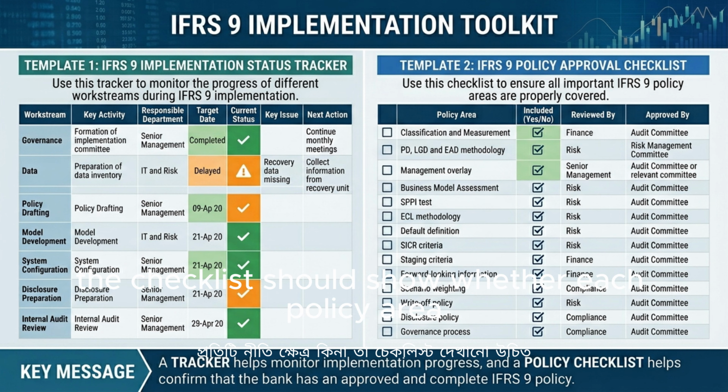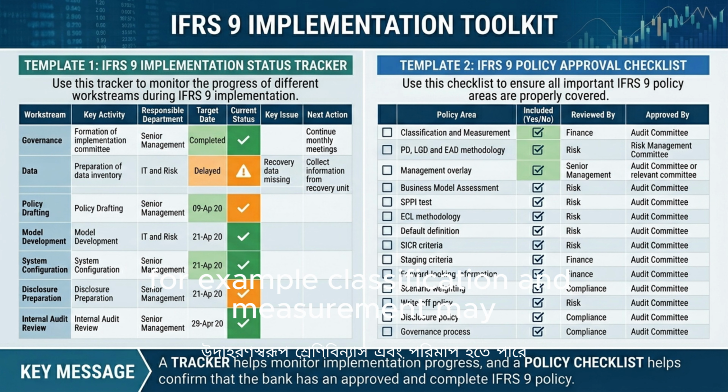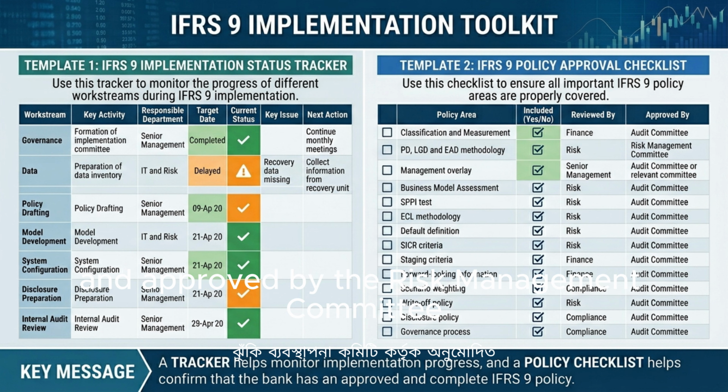The checklist should show whether each policy area is included, who reviewed it, and who approved it. For example, classification and measurement may be reviewed by finance and approved by the audit committee. PD, LGD, and EAD methodology may be reviewed by risk and approved by the Risk Management Committee.